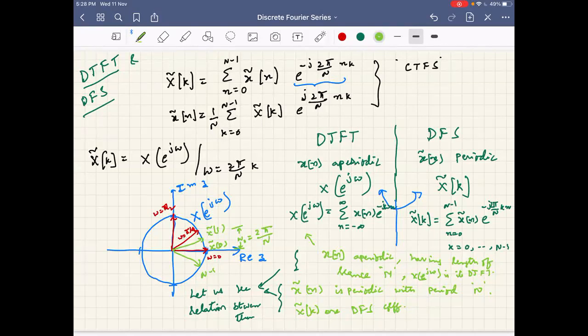Because there are N samples in total, and the region that it encompasses is 2π, 0 to 2π being the angles.